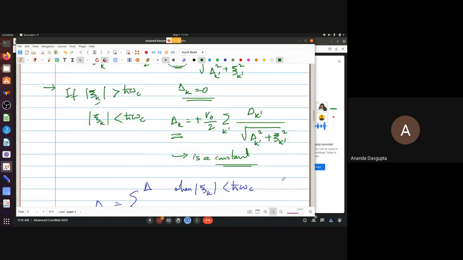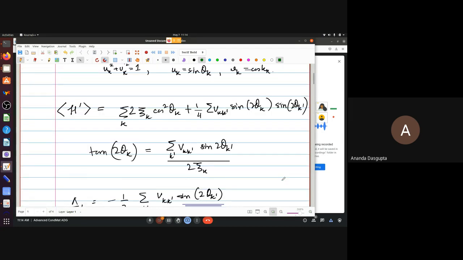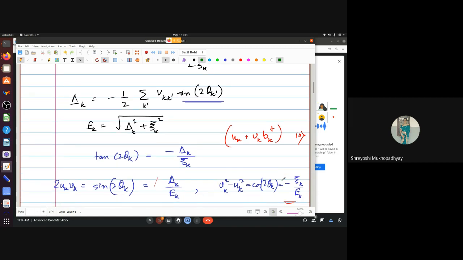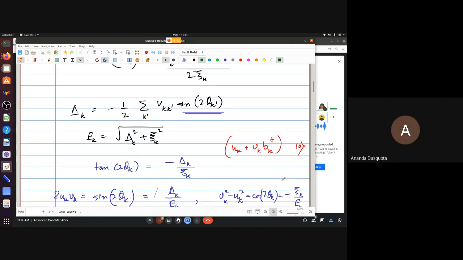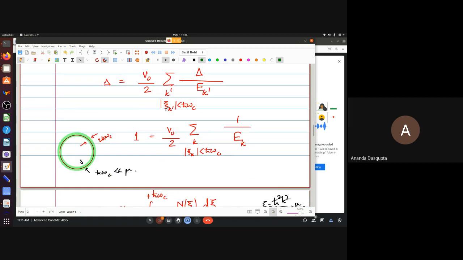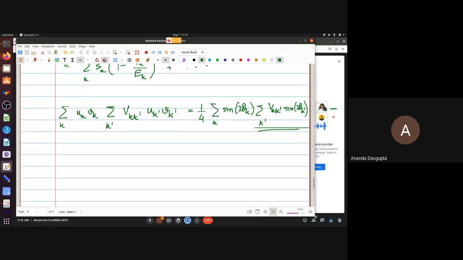Have you seen this sum before? Yes, this was our definition for delta k, right? So in general, for the general model, this quantity will be minus twice delta k. So this is minus half.